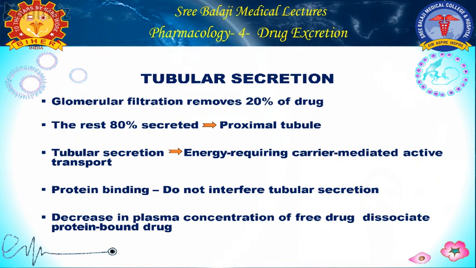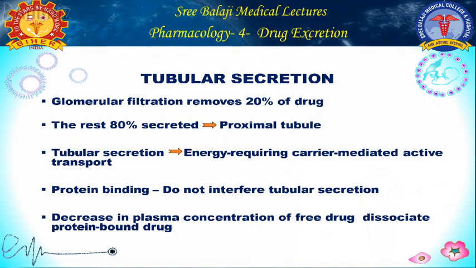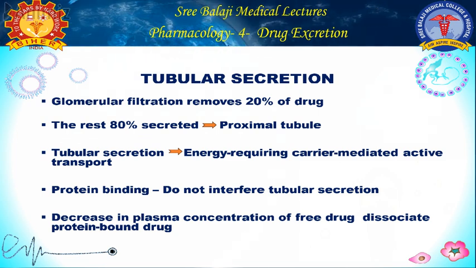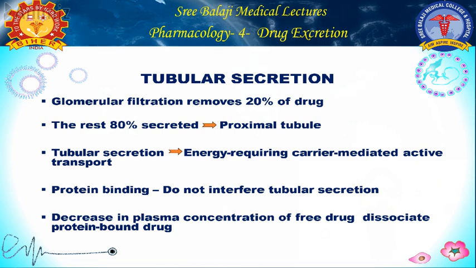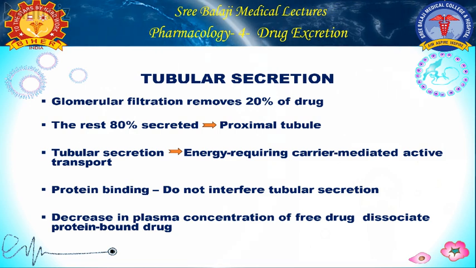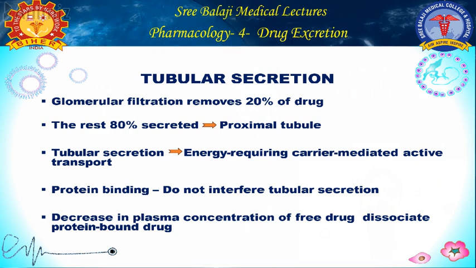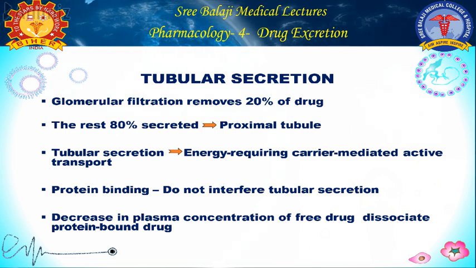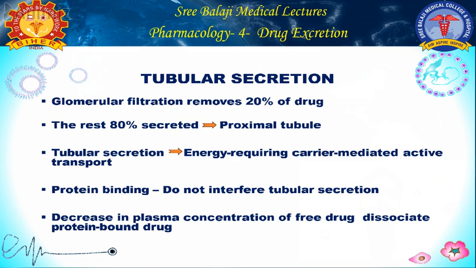In the proximal tubule, there are two energy-derived, carrier-mediated transport systems. These transport systems are non-selective; one is for acidic drugs and one is for basic drugs. Here protein binding is not a problem.